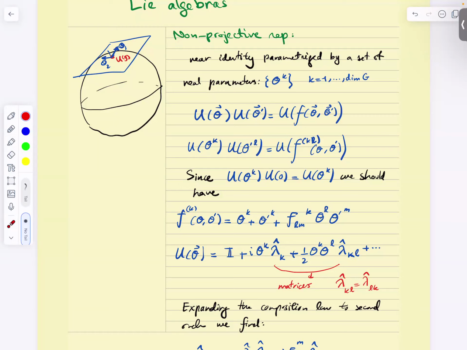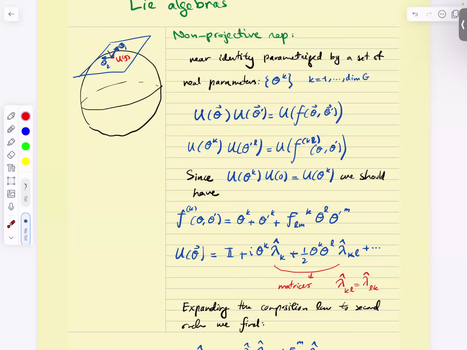Similarly, f of 0 and theta prime k is going to be theta prime k. So you know by linearity that you at least have these two terms as a linear piece. Now, what about the higher order terms? The linear order terms are fixed by the requirement that U of 0 is the identity. For the higher order term, let's just give it a coefficient, f of KLM.